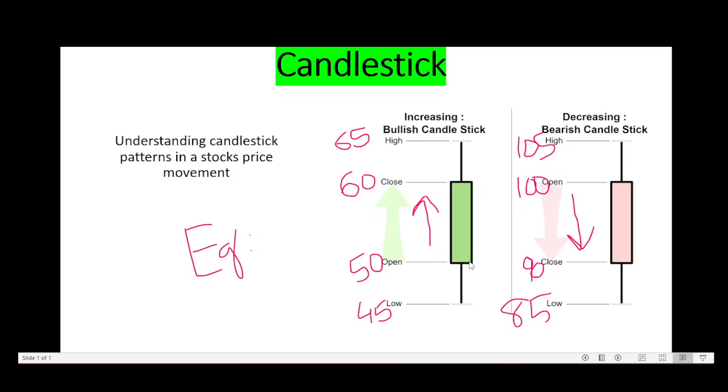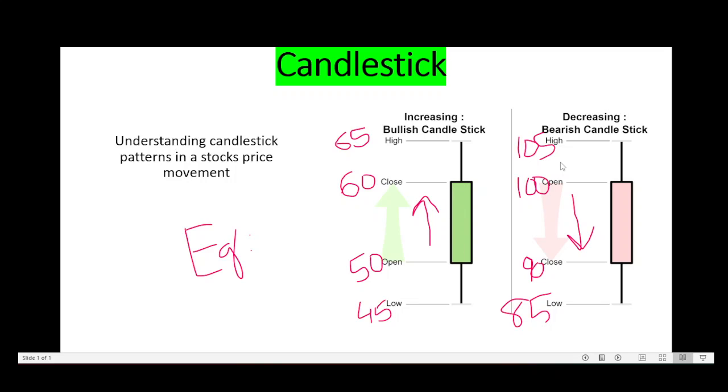Therefore the opening price is 50 and the closing price is 60. What is the highest price in that 1 minute? 65, but that does not close here. And the lowest price in this 1 minute? 45. So this is called a greenish candle, or we can call it a bullish candle.